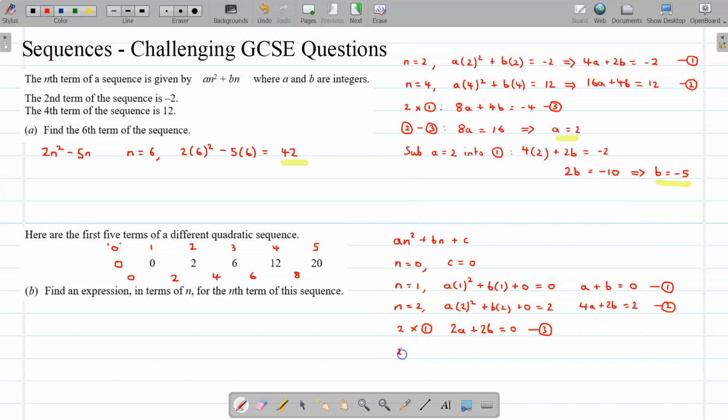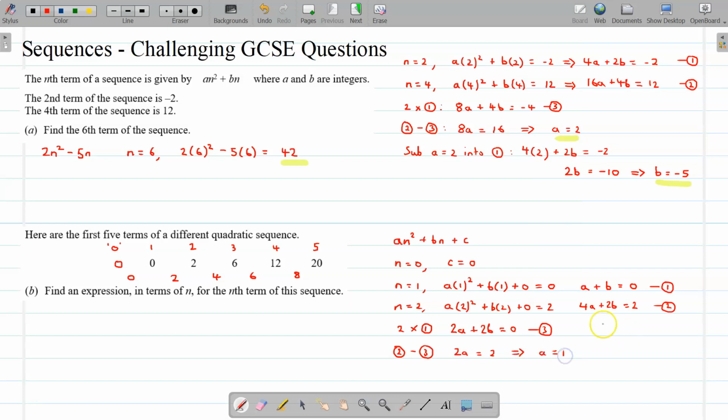So equation 2 take away equation 3: 4a take away 2a is 2a, 2b take away 2b is 0, and 2 take away 0 is 2. So 2a equals 2, which means that a must be 1.